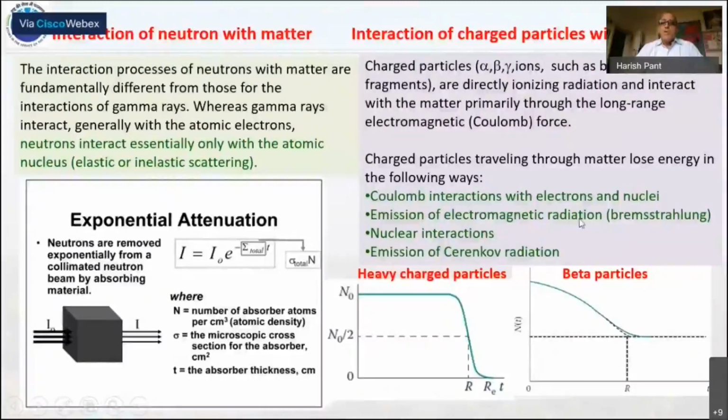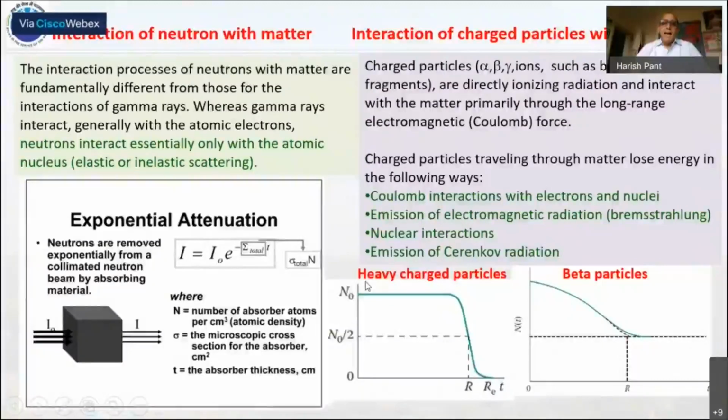There are 4 different processes in which a charged particle may lose its energy while interacting with matter: Coulomb interaction with the electrons and the nuclei, emission of electromagnetic radiation, which is also called Bremsstrahlung X-rays, nuclear interaction, and emission of Cherenkov radiation. These are the main 4 types of processes by which a charged particle loses its energy while traveling through matter or any object.